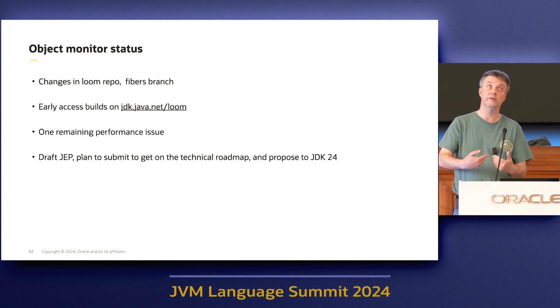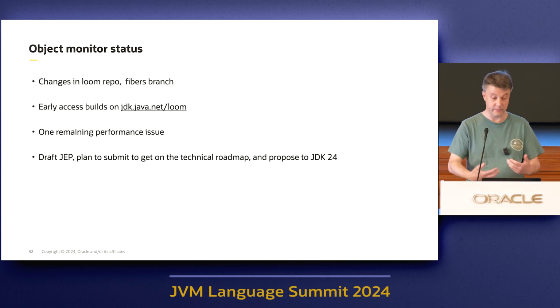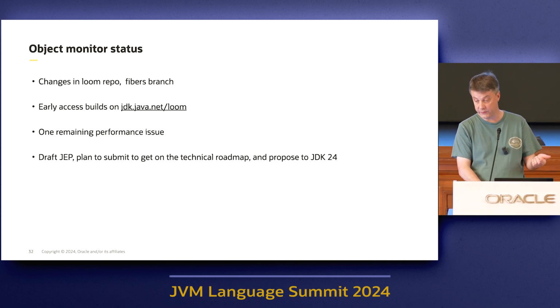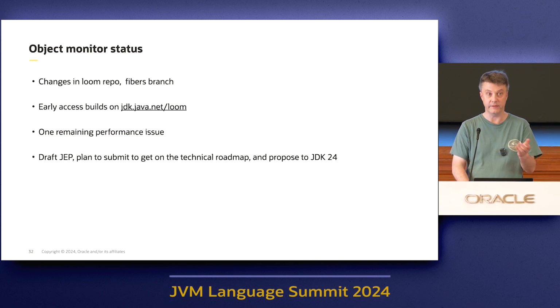Because of the significance of the changes and the interest in this topic, we've drafted a JEP and want to submit it soon to get it onto the technical roadmap and hopefully get it into JDK 24. That should hopefully address the pinning issues that have caused so many problems over the last year.